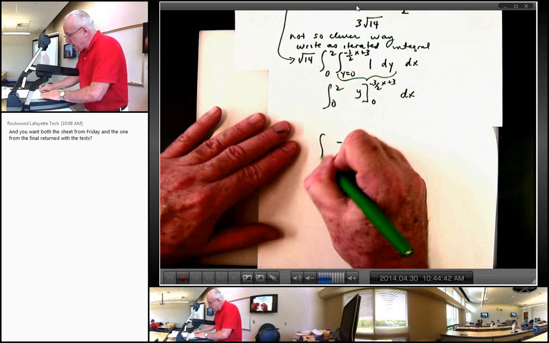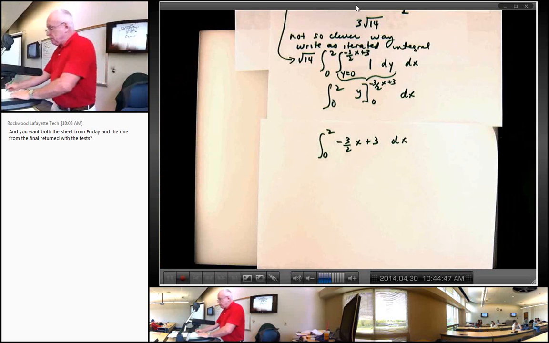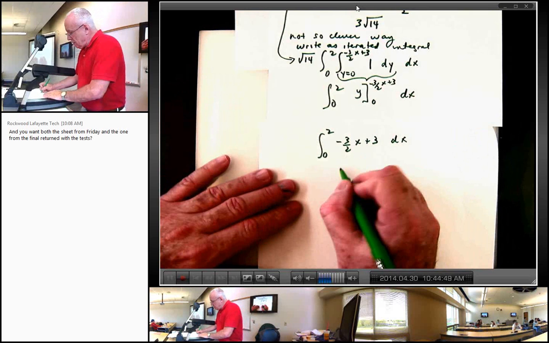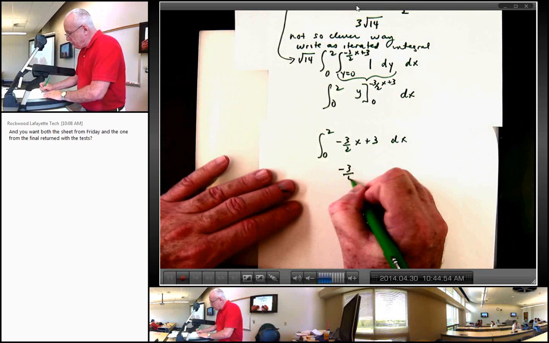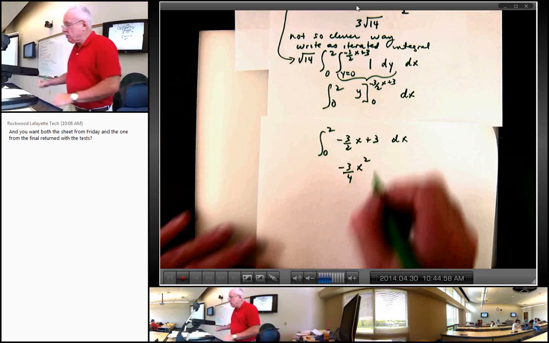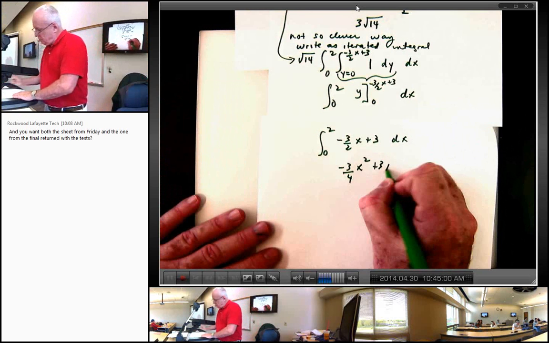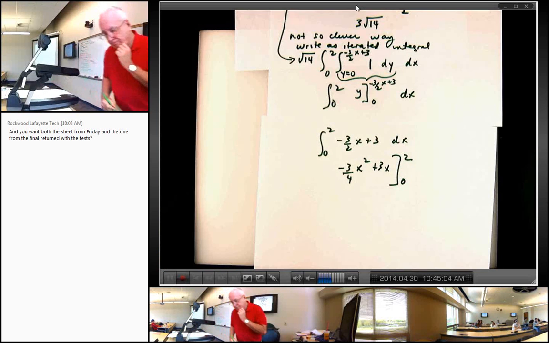And then I have my outer 0 to 2 dx. So this antiderivative is minus 3 x squared over 2, so it'll be minus 3/4 x squared, and then plus 3x.